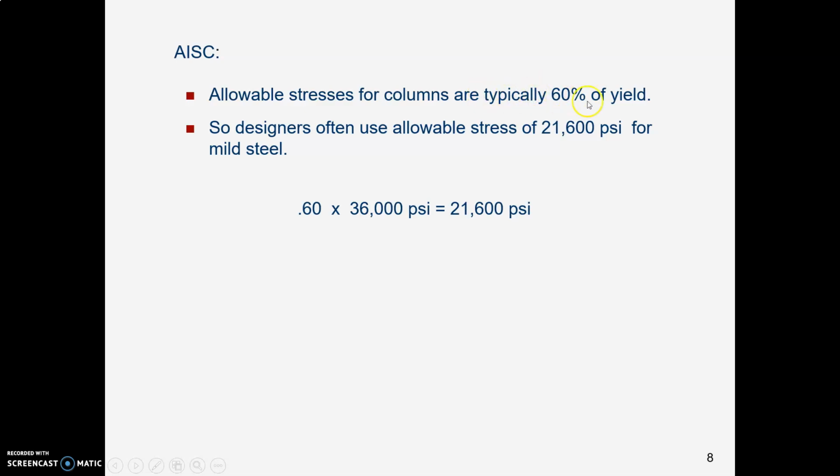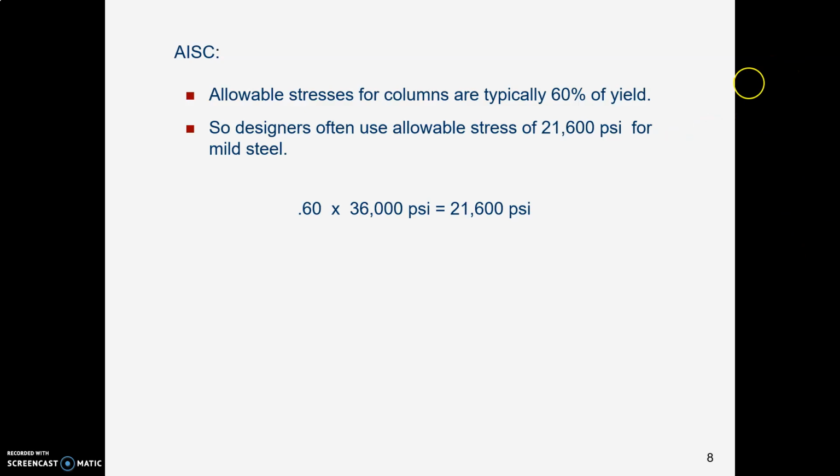The allowable stress is 60% of the yield stress. Well, what happens if you say 60% or 0.60 times 36,000 psi, you get 21,600 psi. So it's very common to see designers use an allowable stress of 21,600 psi for mild steel.